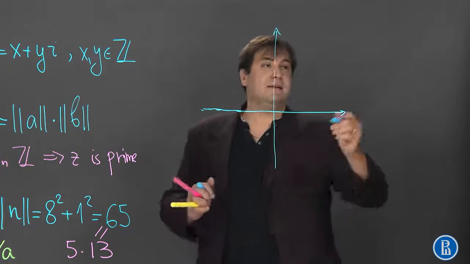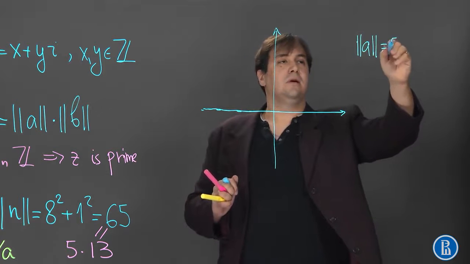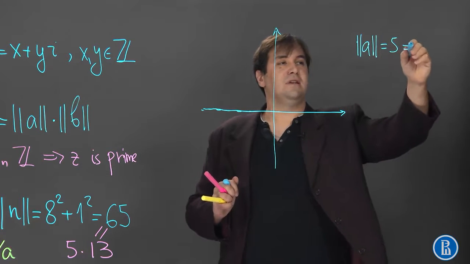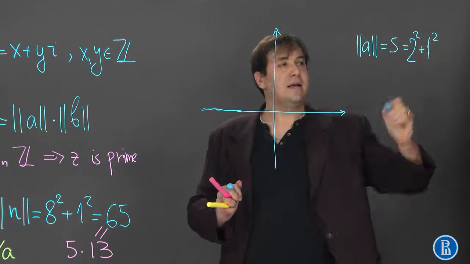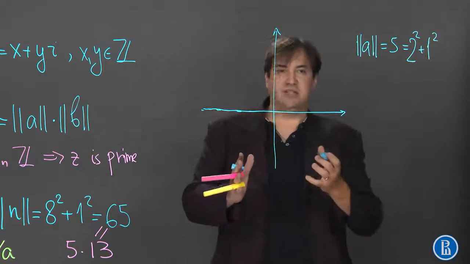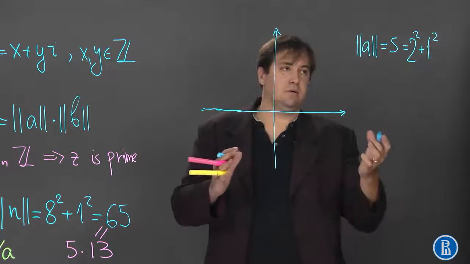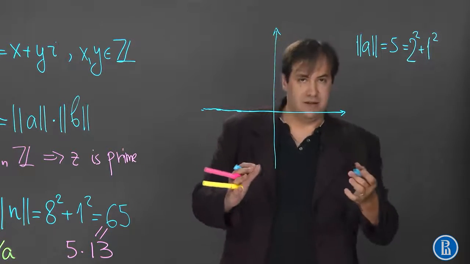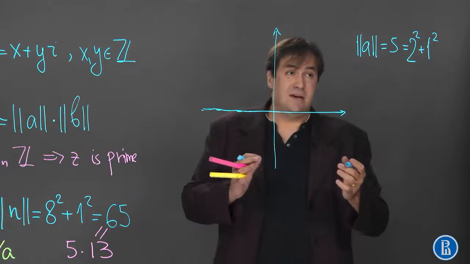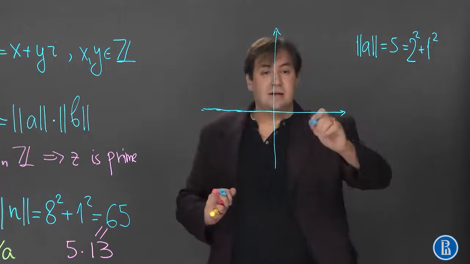And we understand that if the norm of A is equal to 5, and 5 is equal to 2 squared plus 1 squared, then the imaginary part and real part of A, one of them is equal to 2 or minus 2, and the other one is equal to 1 or minus 1. We understand that there are actually 8 such complex numbers.